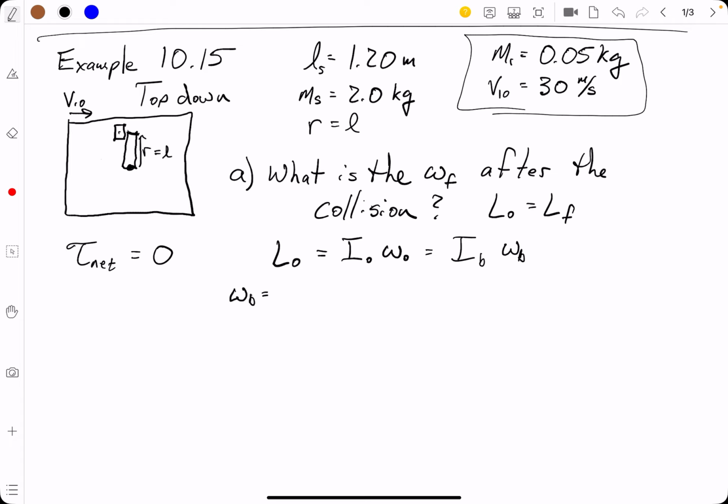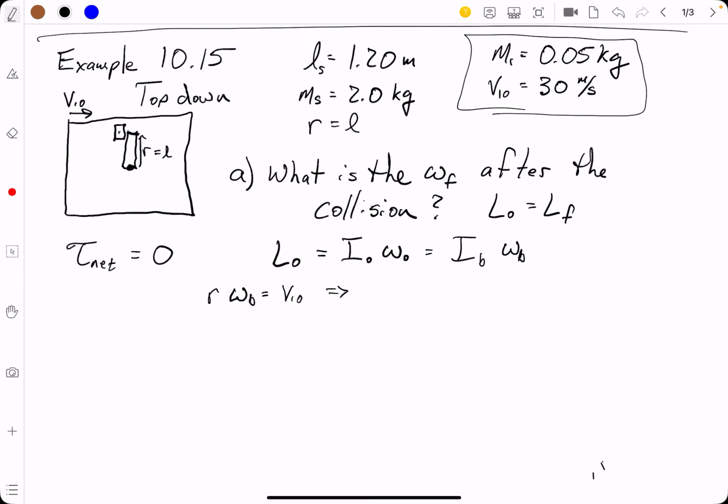omega b? All right, well, right before it hits, it's at R. So R omega b is equal to V10, right? That's going to lead us to, did I say what L was equal to? Yeah, 1.20 meters.